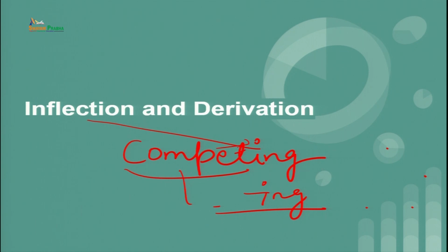We can understand it with the help of an example. If I say competing is something which he takes seriously, so here competing is no more a verb, here competing is actually a noun. But if I change this sentence and say it in a way that she has been competing in the competition, then what will happen?